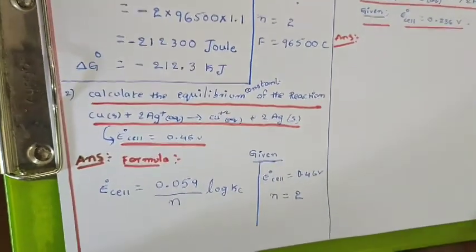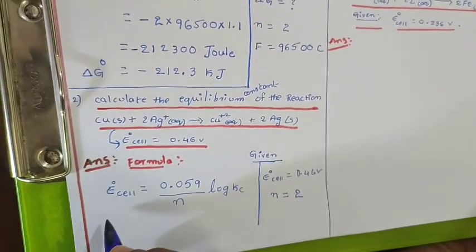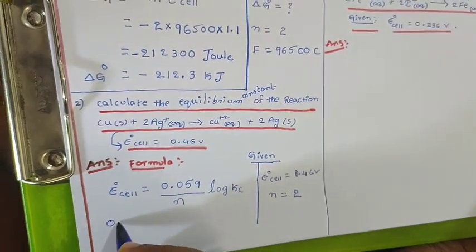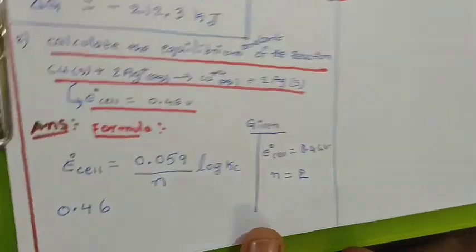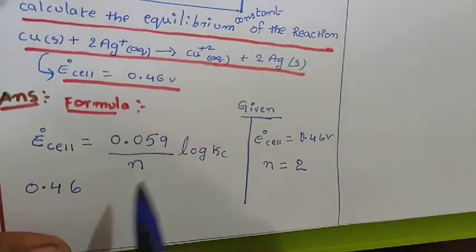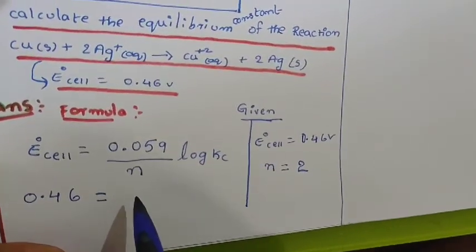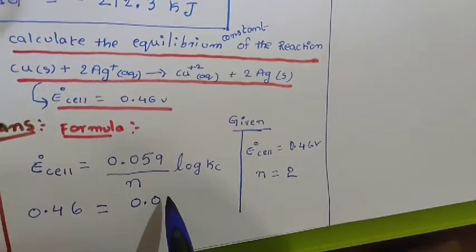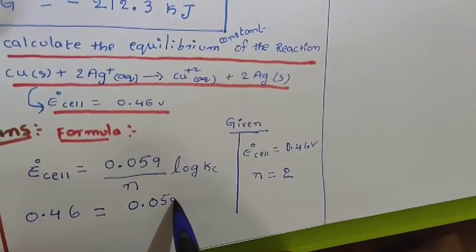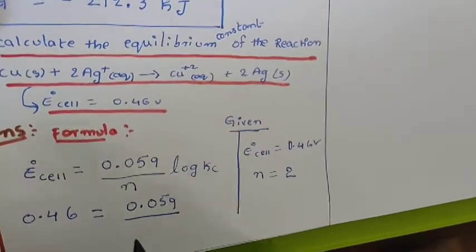Then what is the E naught cell value here? 0.46 is equal to 0.059 divided by n.